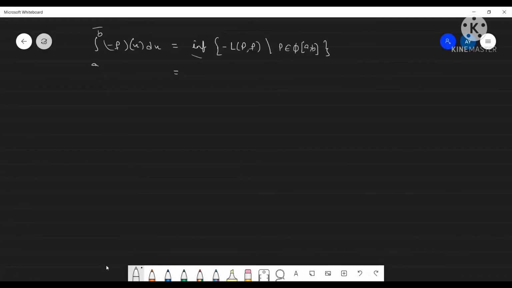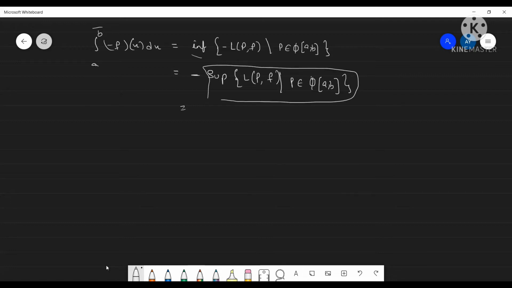What is the definition of infimum? You can write it as minus supremum of L(P, f) such that P belongs to phi of a, b. But what is supremum of L(P, f)? Minus the lower integral a to b of f of x dx.